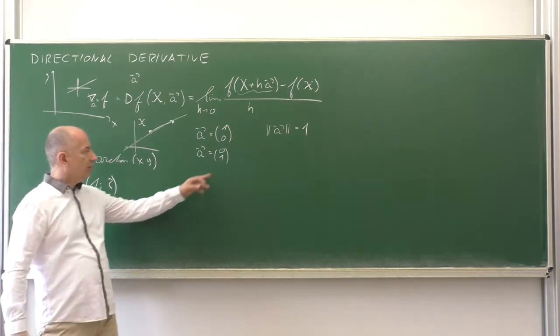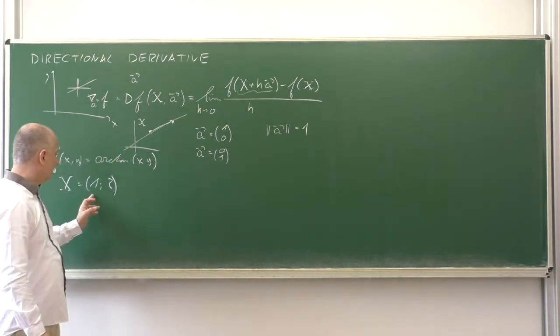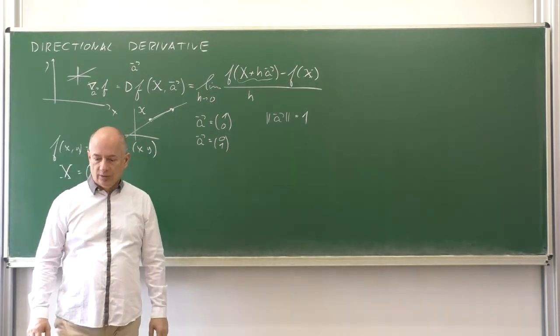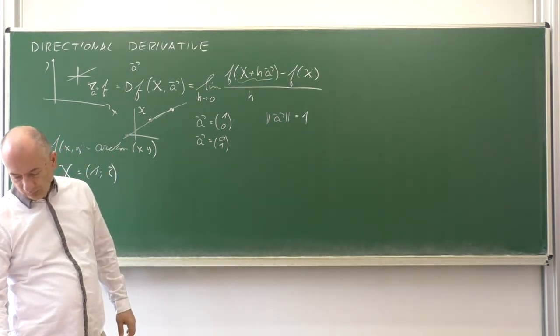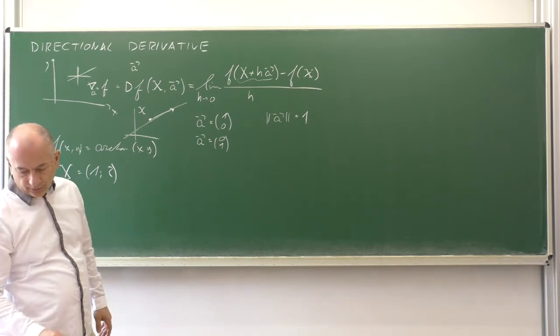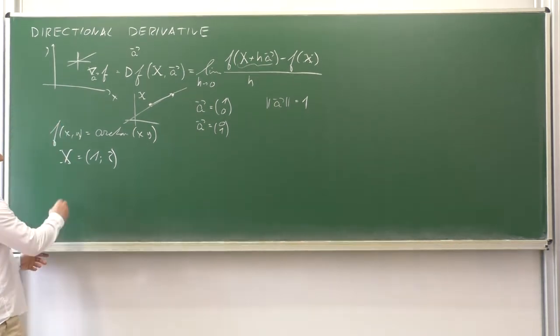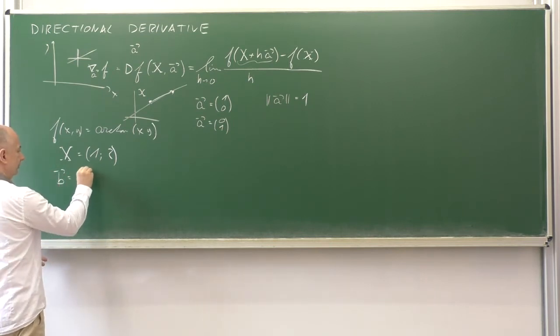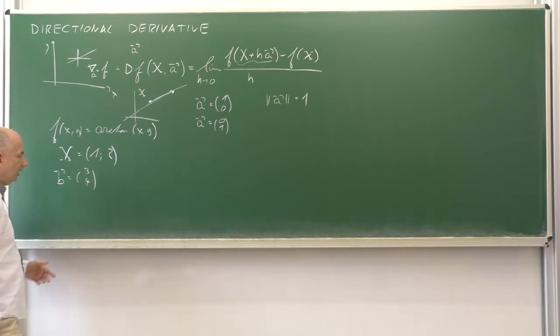Well, I sometimes use the column notation, sometimes I use the row notation. In this situation, this does not make a difference. And consider the vector 3, minus 4. Let's call it B. Okay, also as a column.